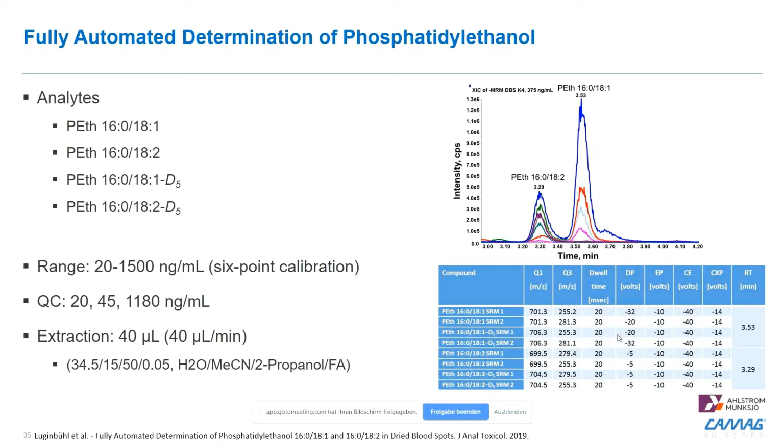We include 3 quality control samples at concentrations of 20, 45, and 1180 nanograms per milliliter. The extraction itself is taking place with 40 microliters onto the trapping column. The detection of the compounds is performed in multiple reaction monitoring mode.